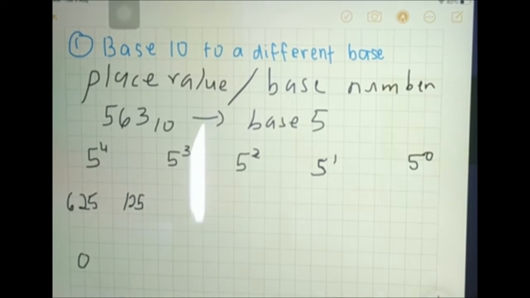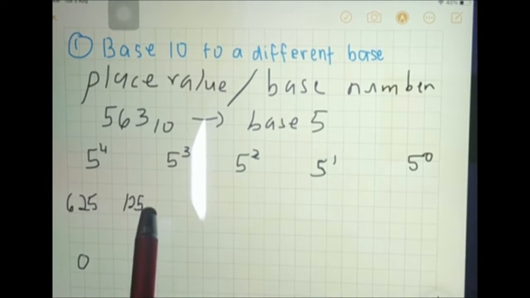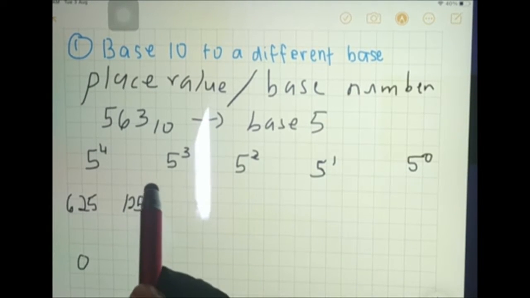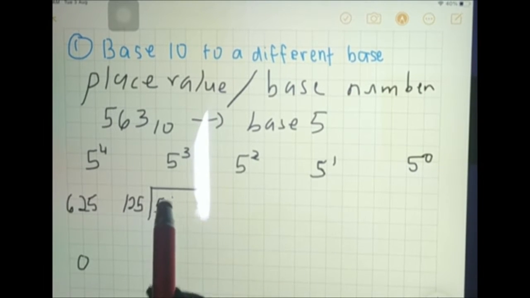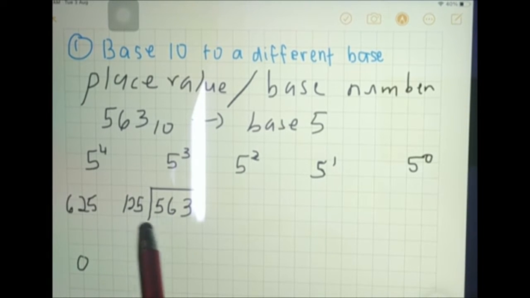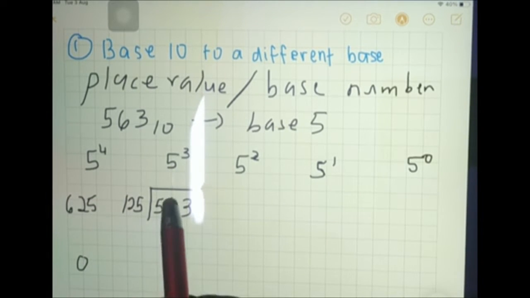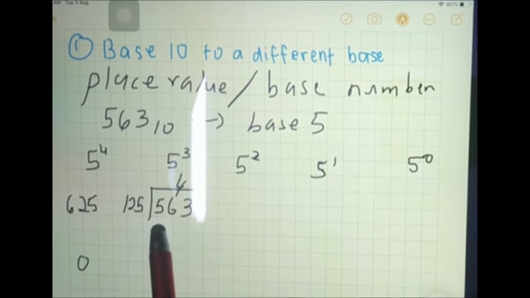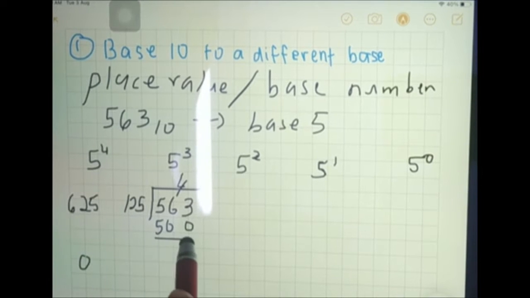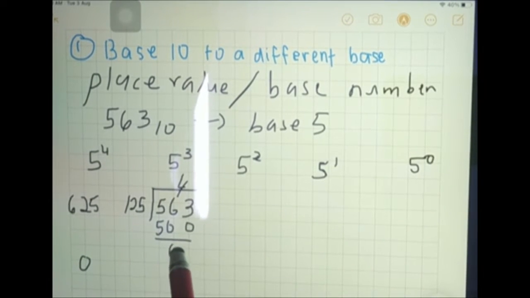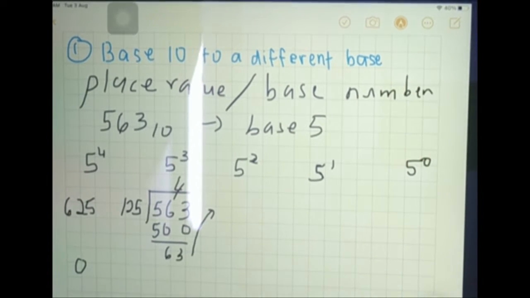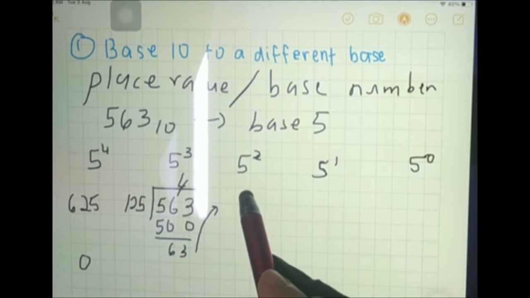So we start our division with 5 to the power of 3. 125 into 563 is 4, which gives us 500. And the remainder from this number is 63. 63, we bring it to the next place value.